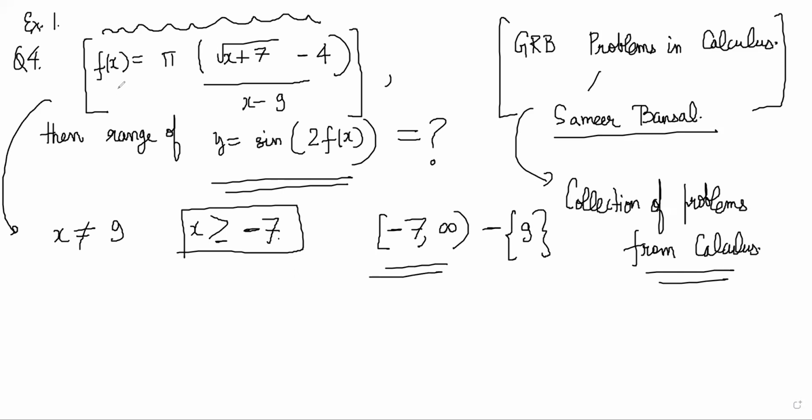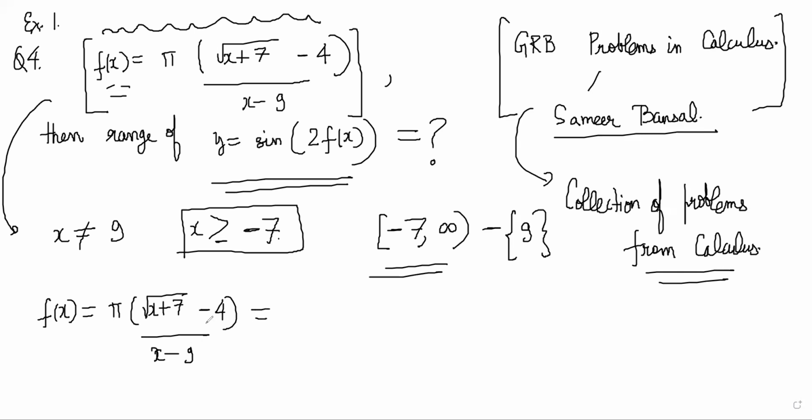So you need some idea of f(x) then, like how much f(x) values will be and so on, right? Then only you can predict what 2 f(x) and all will take. So f(x) is equal to pi into root x plus 7 minus 4 by x minus 9. Now, what to do here?